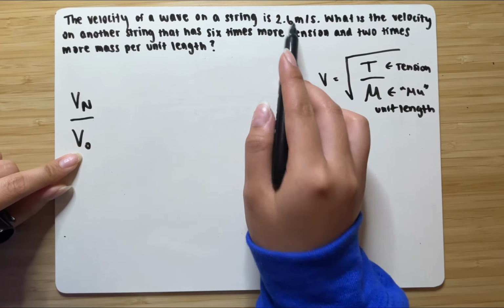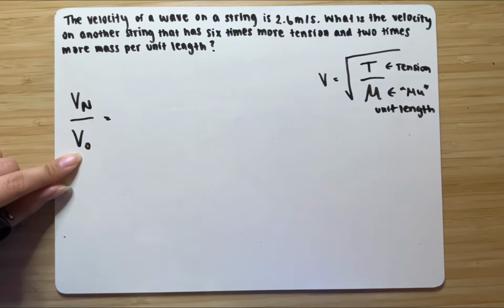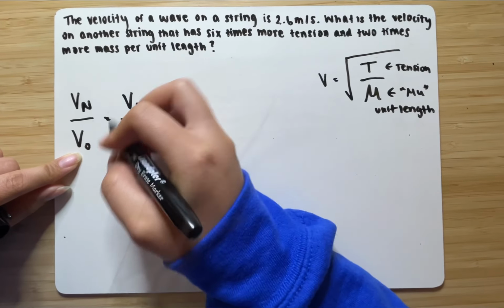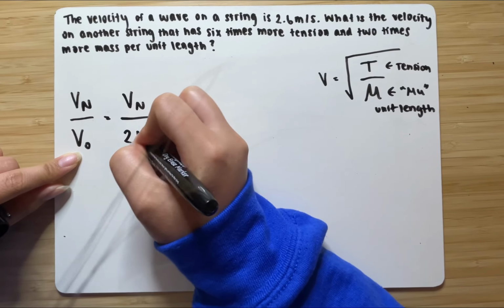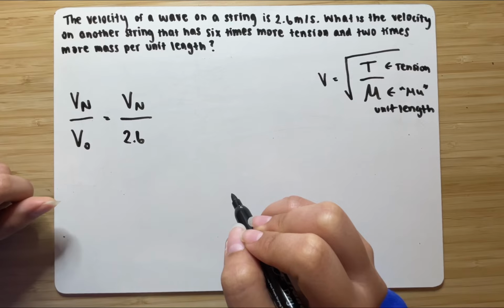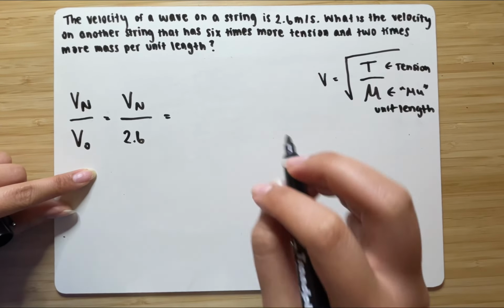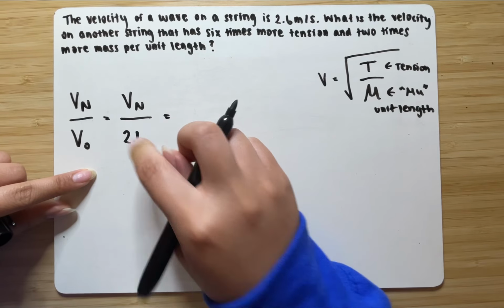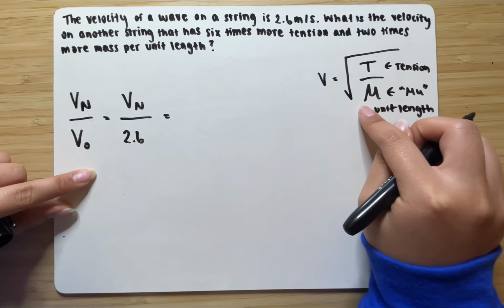So it will be this. Now you have v sub new over v sub old, which v sub old here, it says that it's 2.6 meters per second.